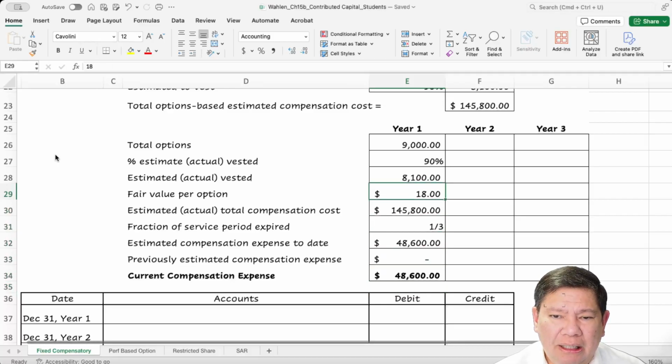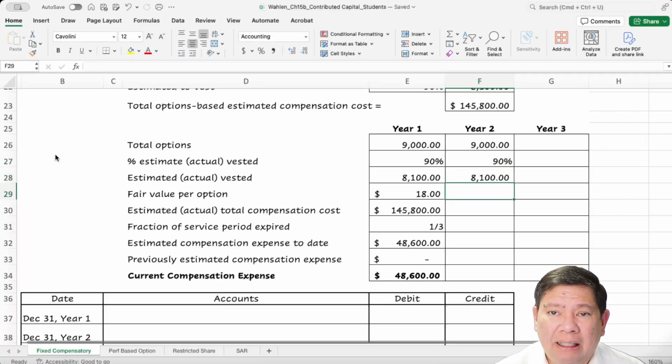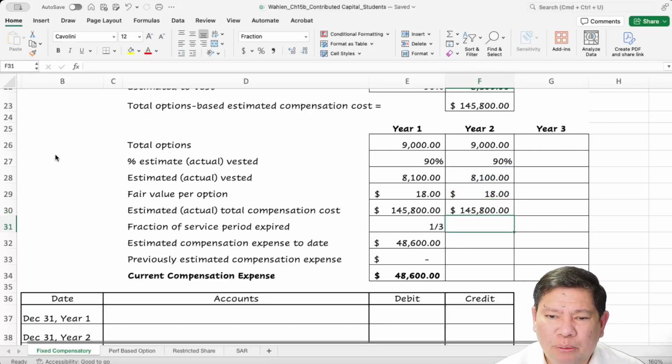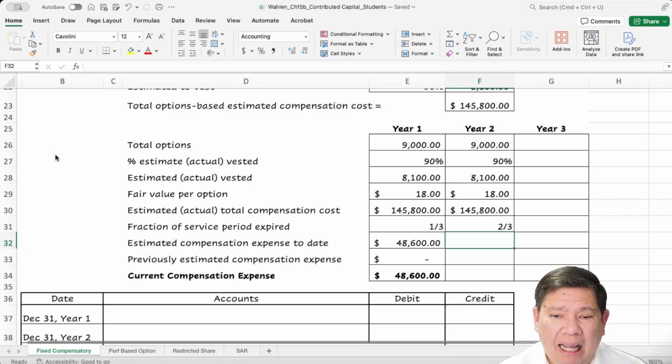And then we move to year 2. Year 2, the company still estimated 9,000, 90% vested. 8,100 share options was estimated, $18 per share option. So 8,100 times 18 is 145,800 for the whole thing. At the end of year 2, 2 years out of 3 has passed.